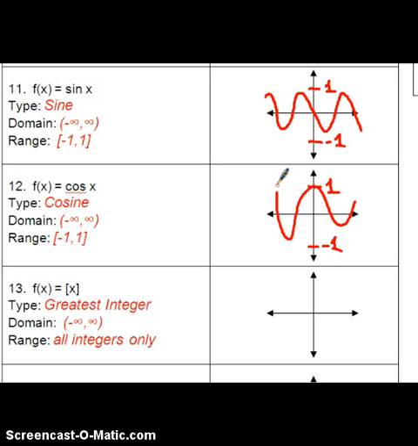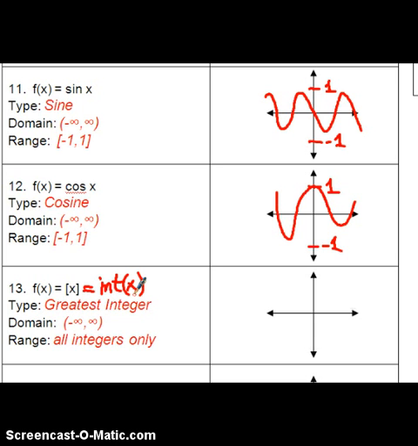The next one is this unusual looking function. It's read as int x. You may hear it as a floor function or greatest integer function, and it's written like that. Its domain is from negative infinity to infinity, but its range is all integers only.